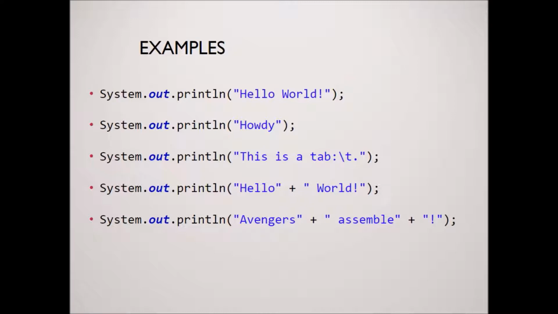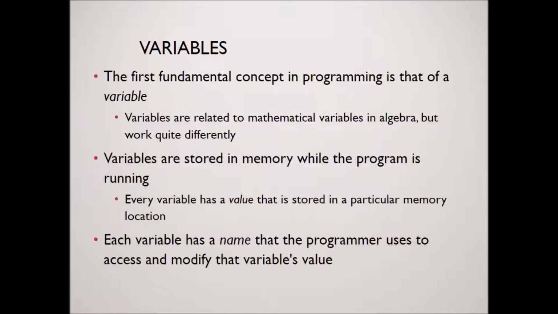Of course, none of the double quotes show up either. Here we want to print hello, which is one string, and then concatenate it to a space, so there's a space after the next double quote, world, and that would print hello world. So the plus sign adds or concatenates the strings. Likewise in the next.